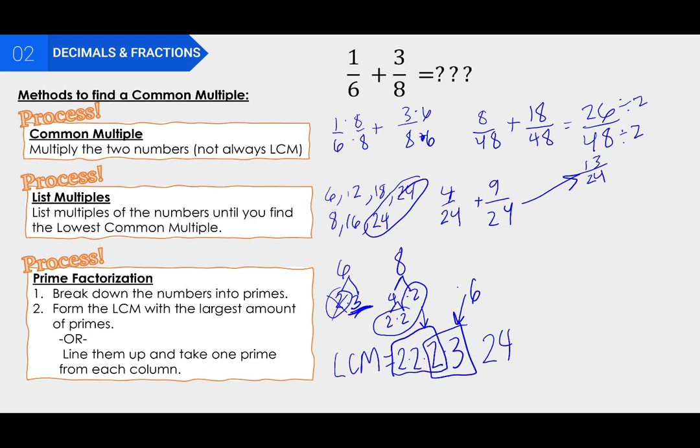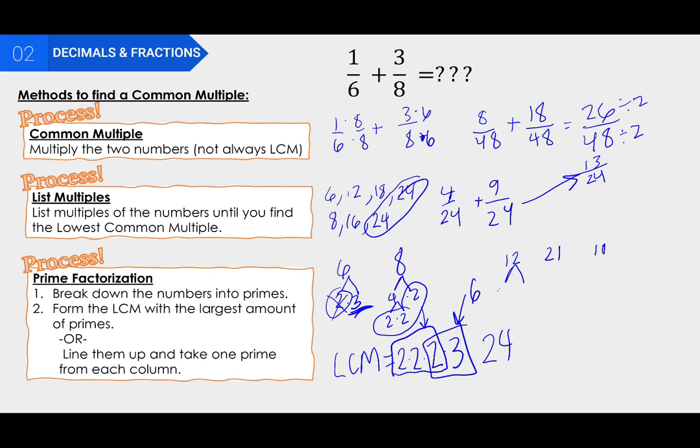Alright, let's do one more example with this because we would have just done the same thing with the problem. But let's say we have 3 numbers, 12 and 21. And let's say 10. Okay, so we're going to break down these numbers into primes.